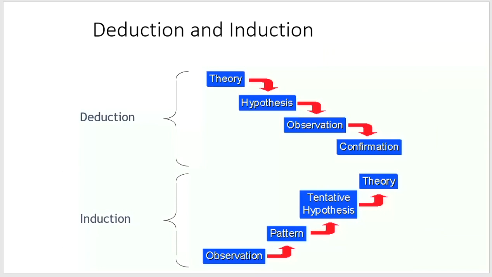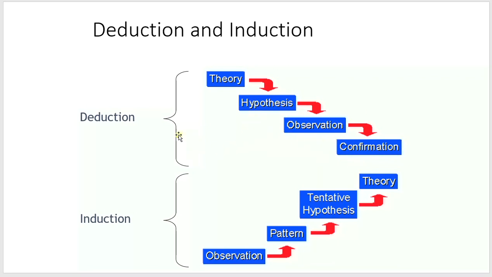In the deductive approach of knowing, we begin from a theory, then based on that theory we develop some hypothesis, and to verify that hypothesis we make some observations on n number of individuals, and then based on those observations either we confirm the hypothesis or reject the hypothesis.